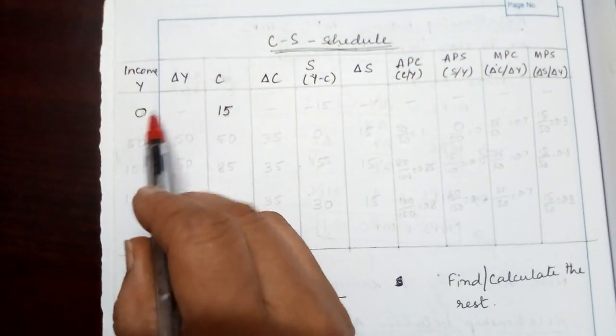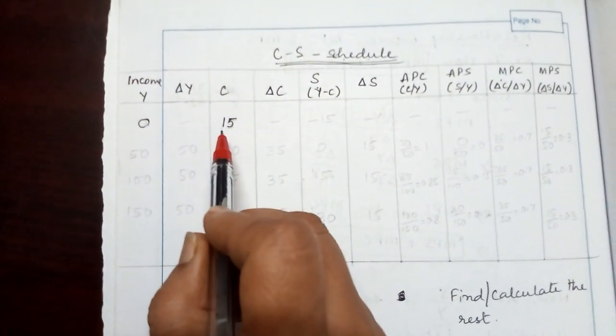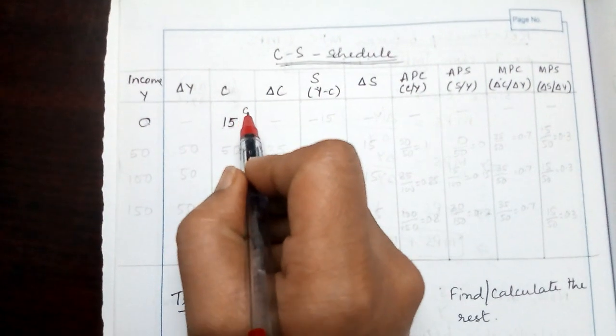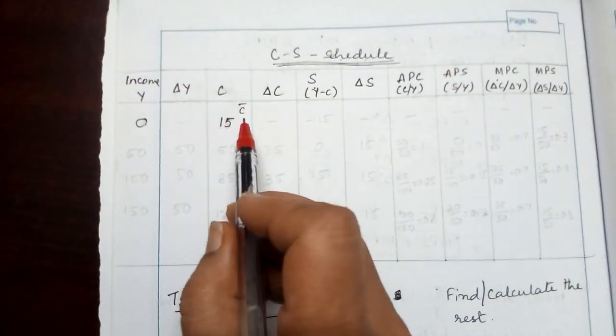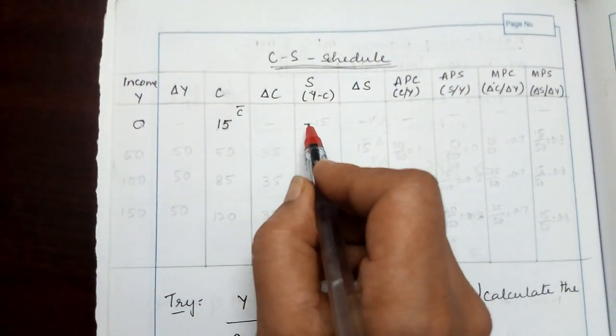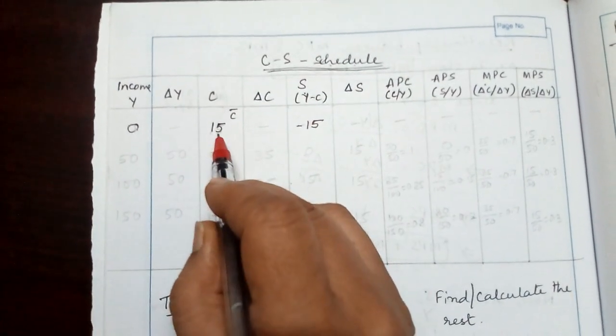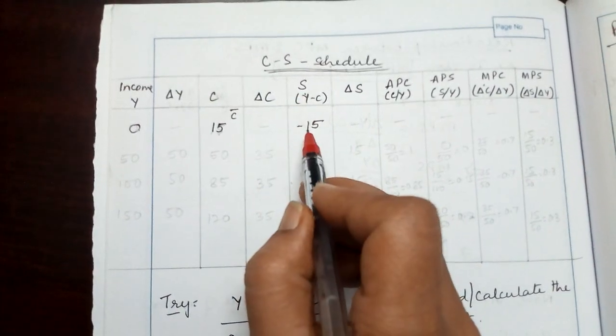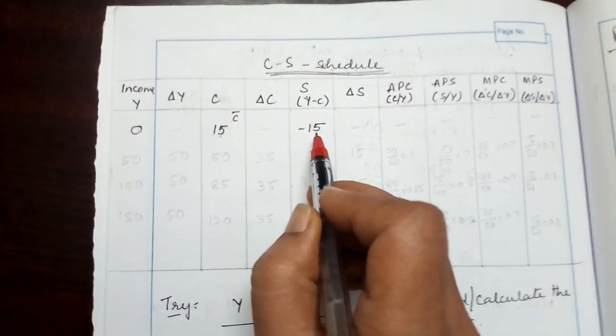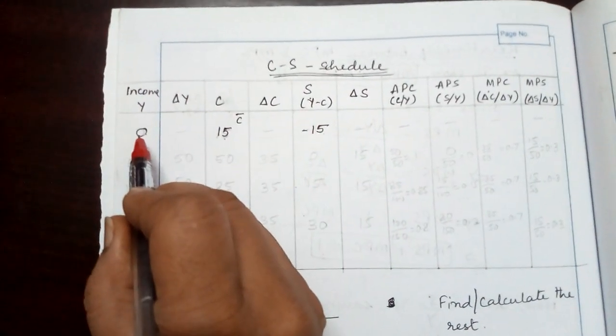When income is 0, consumption is 15 means that we are talking about autonomous consumption. From where has this come? This has come from the previous savings. So if autonomous consumption is 15, then saving will be minus 15 when the income is 0.